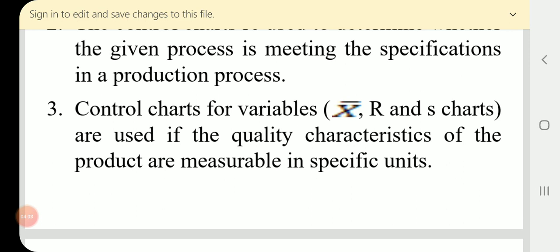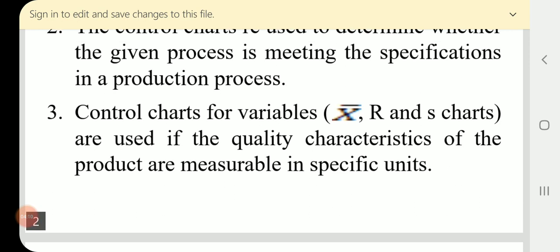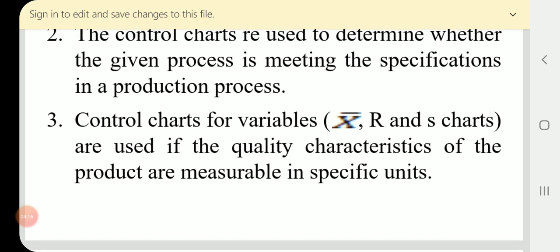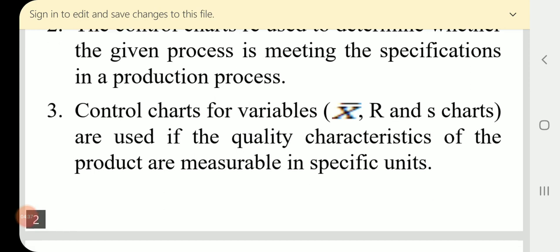Whatever the quality, lifespan of the electrical bulb, of the electrical fan, etc., it can be specified in particular hours, 2000 hours or 3000 hours.